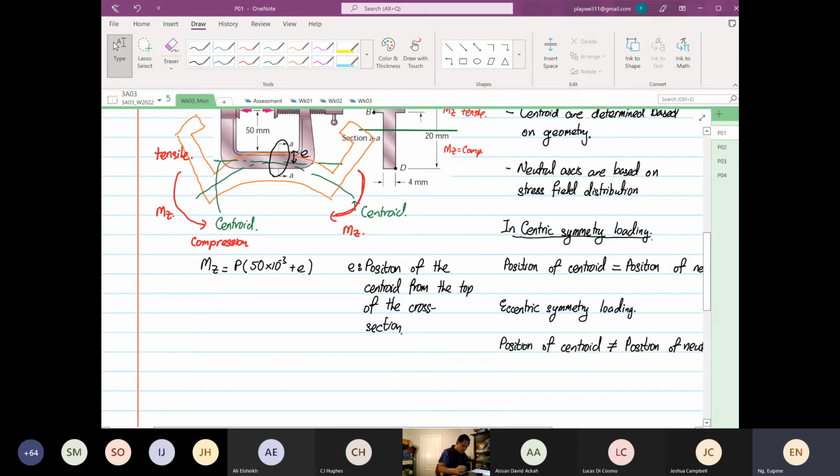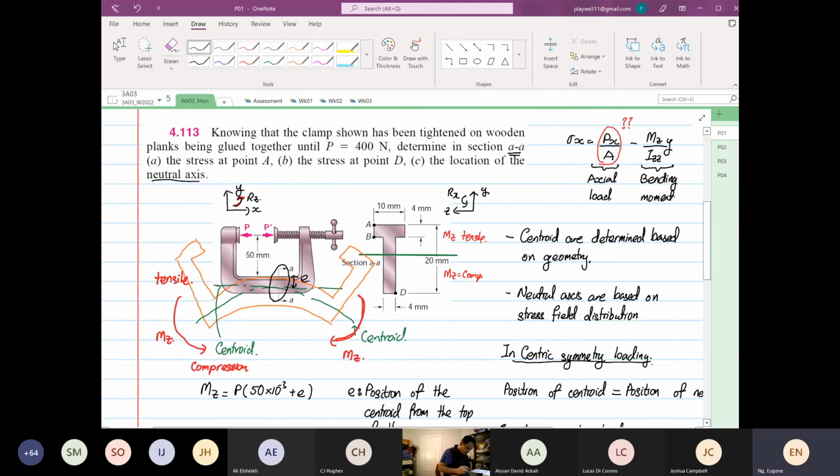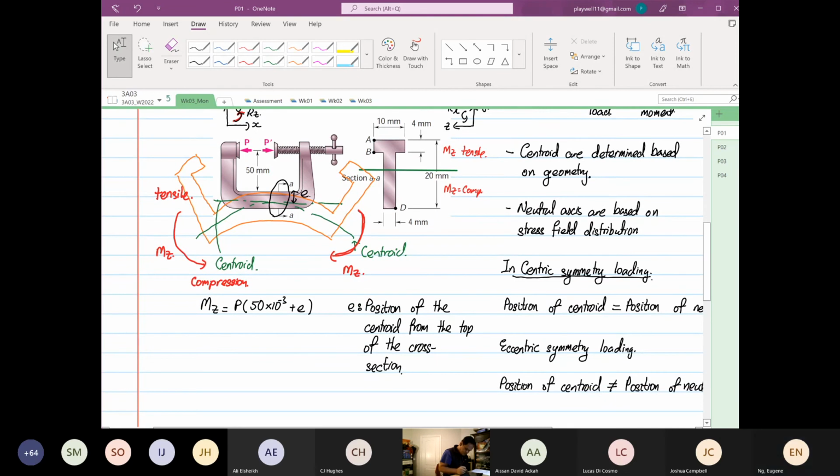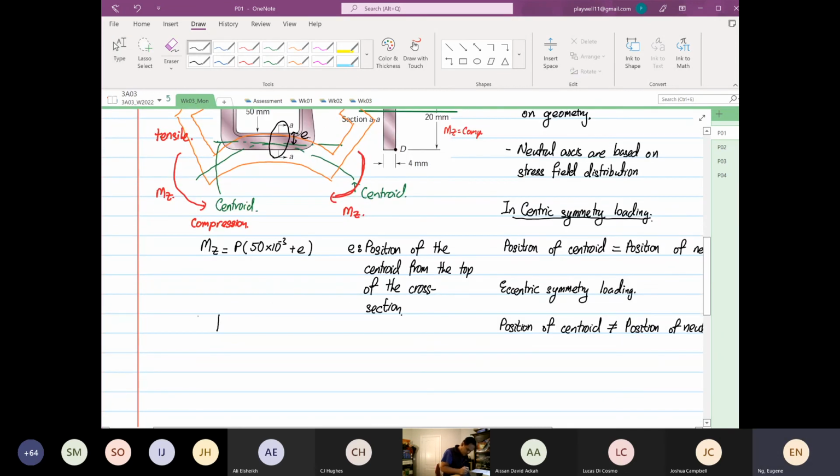Now I'm going to sketch our structure. Okay, so this is how our structure looks like. This is our section AA.